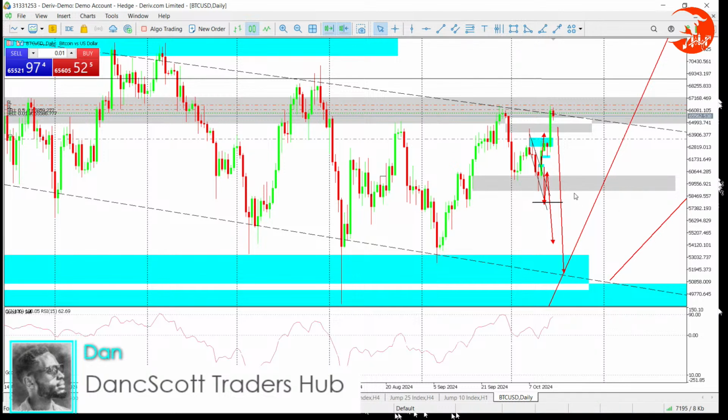But now what we can get into deeply is daily. Now according to daily, we can clearly see that we had reached overbought from this level. We reached overbought, and then when we reached overbought, we started to sell.